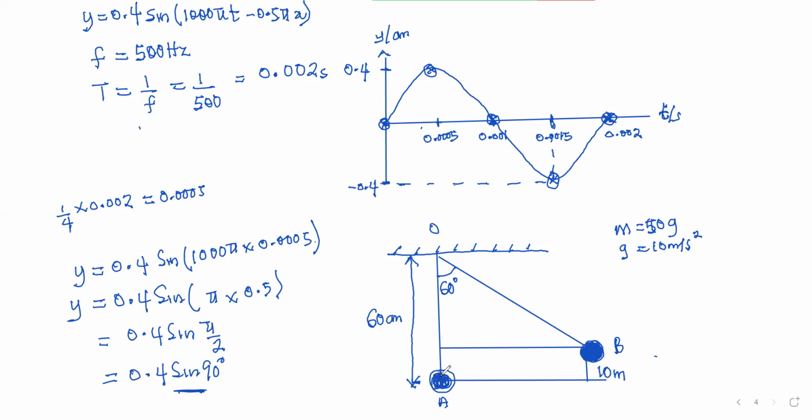Because we cannot have a pendulum string of length 60 centimeters, and when it is displaced by this angle, it will be raised by 10 meters. This is impossible. 10 meters is very huge, and the pendulum string is just 60 centimeters, not even up to 1 meter.